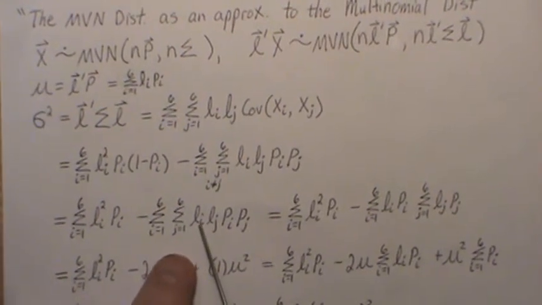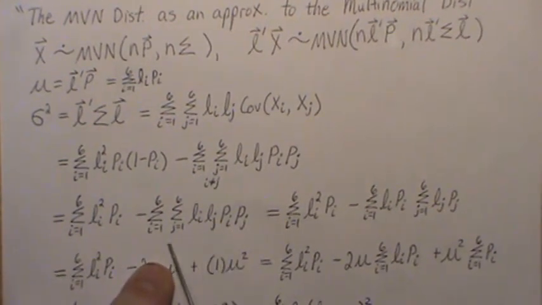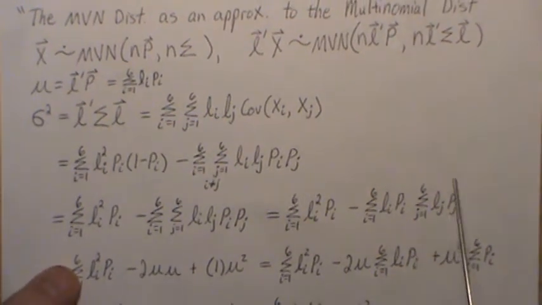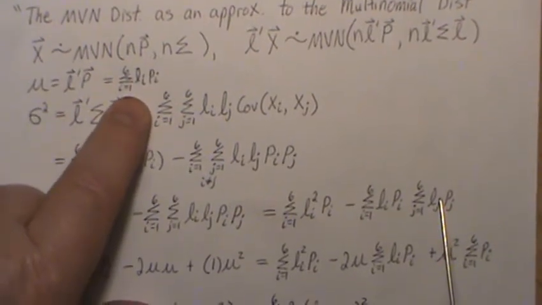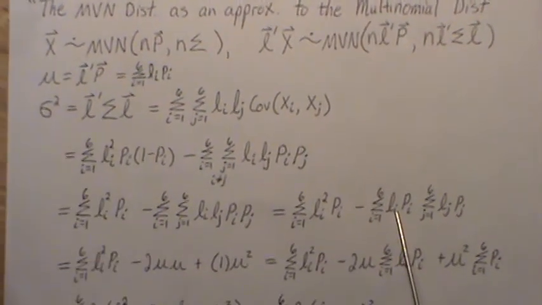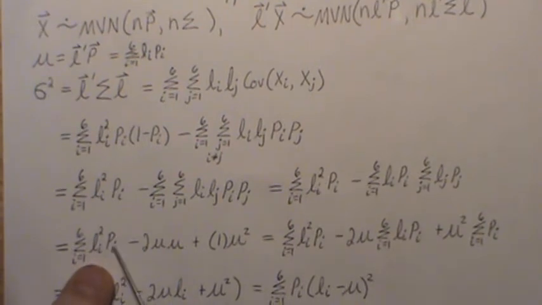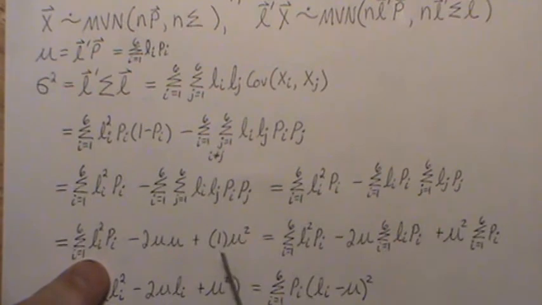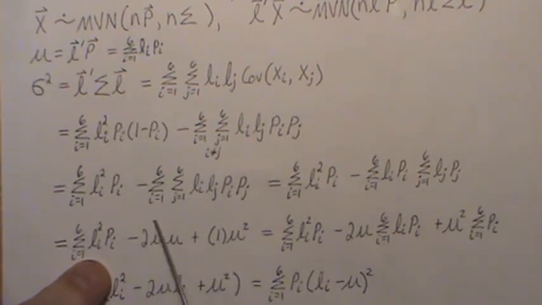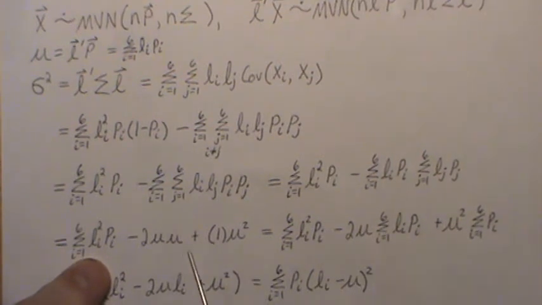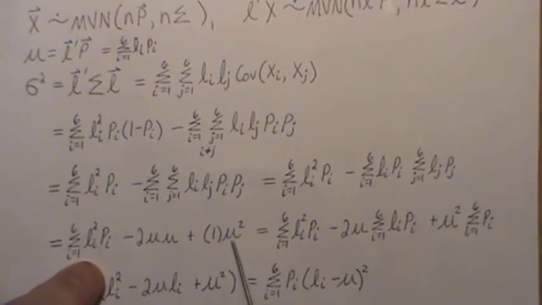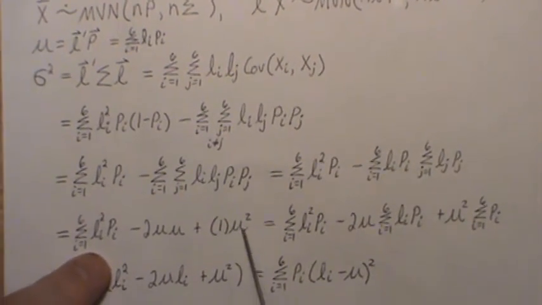Well, if we take out the pieces that are not indexed by j, we get this. But this right here is mu, and this is mu. This we bring down. Now notice here we have minus 2 mu squared plus mu squared. So this is minus mu squared, which is what this is, right? But I wrote a 1 out front because it doesn't change the multiplication.